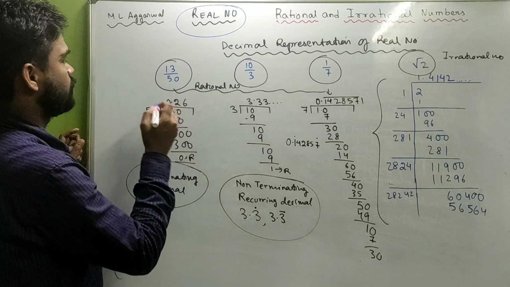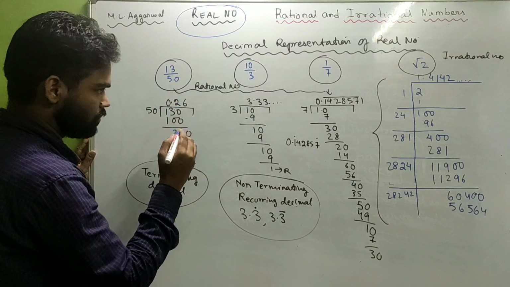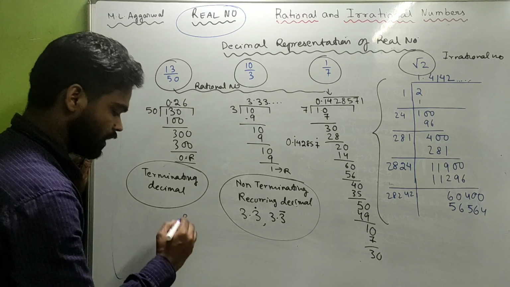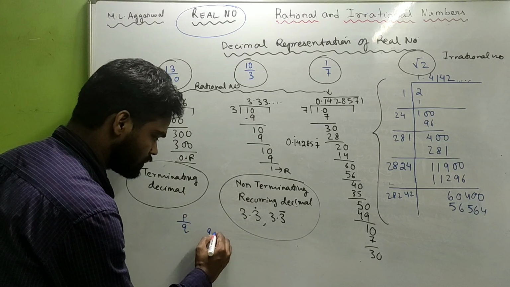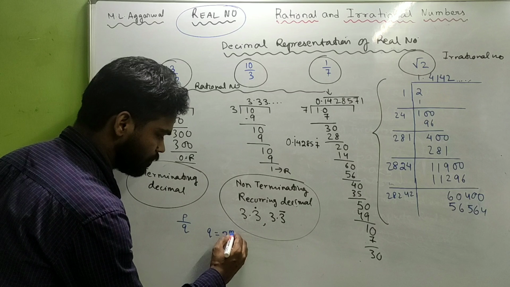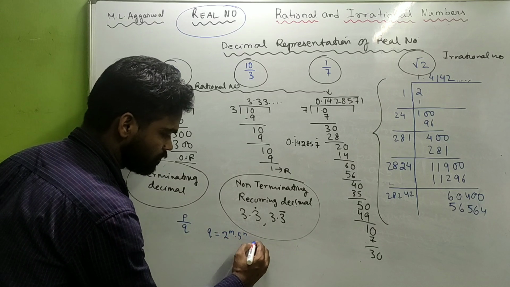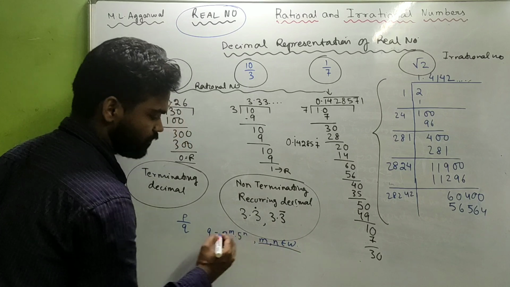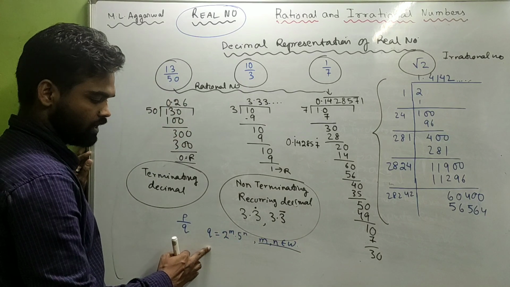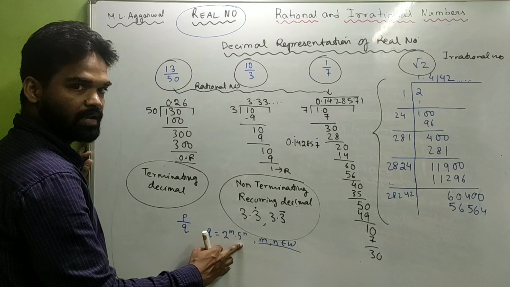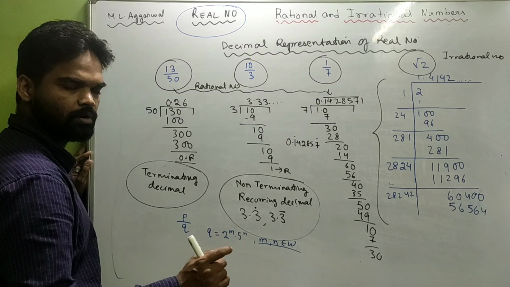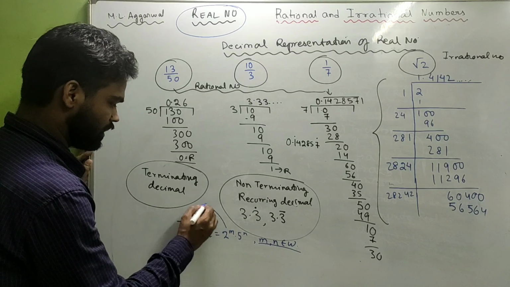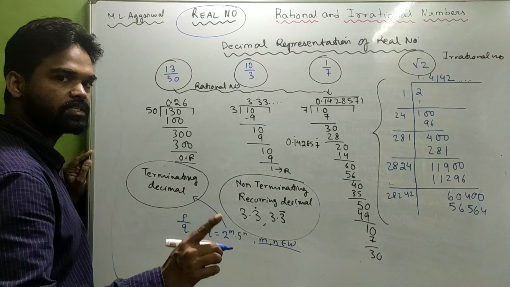Simple. We know all rational numbers are written as P by Q. If Q is equal to 2 to the power m, 5 to the power n, where m and n belong to whole numbers, that is, if Q has a factor of 2, or 5, or both, then we get a terminating decimal.